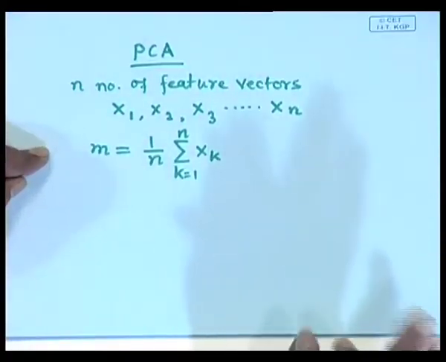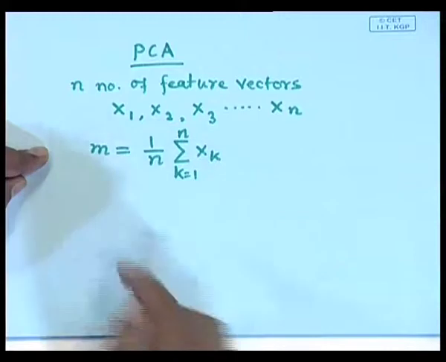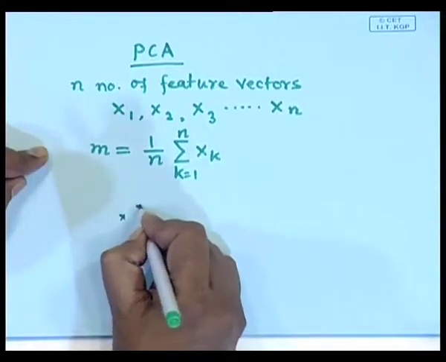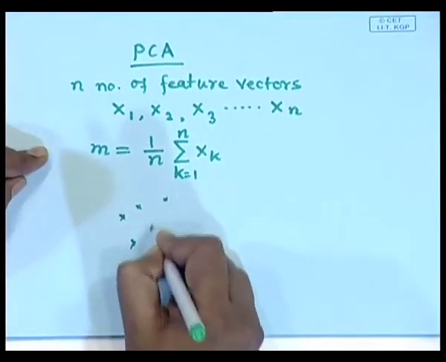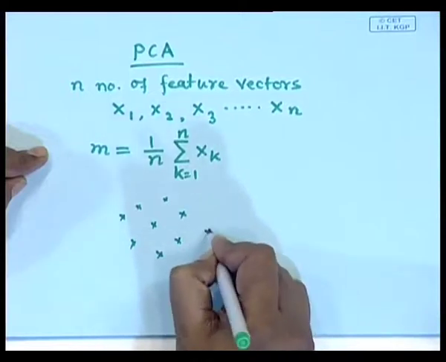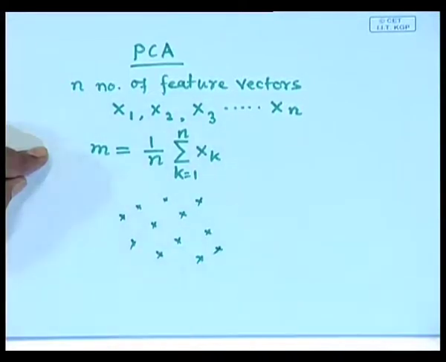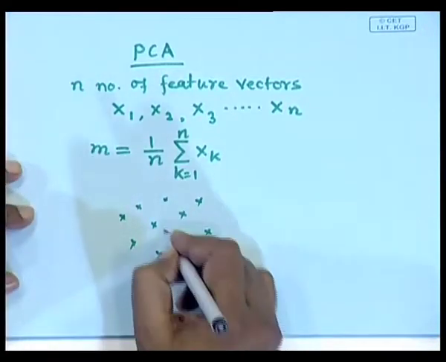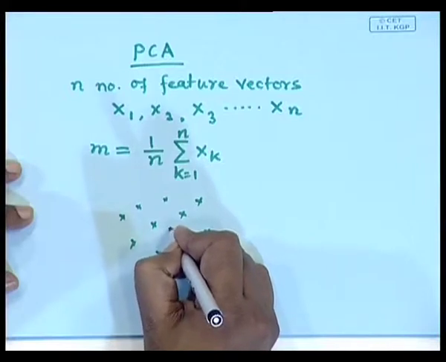If I want to project onto a single dimension, suppose I have a set of points something like this, arbitrarily distributed, n number of such points, and the mean m is somewhere over here.